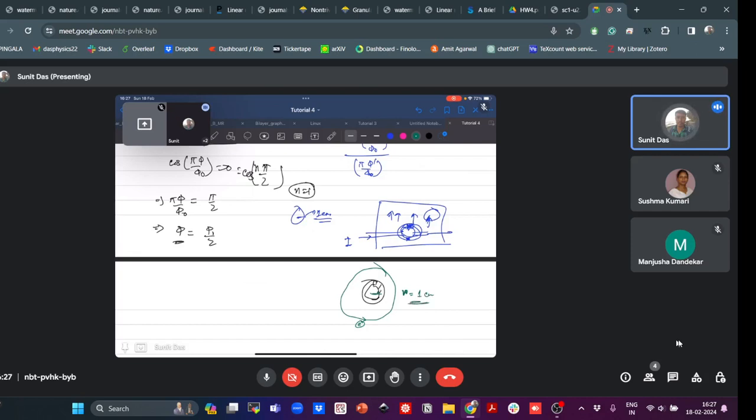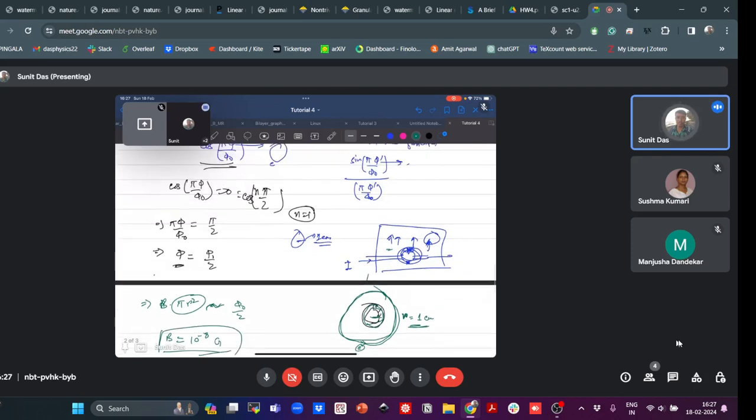From that we can get an estimate of the magnetic field present in the area. Area will be of the order of pi r square, because this is pi r square area, right? But we are talking about this whole circular loop. So it will be of the order of phi 0 by 2. If we calculate this, it will be around 10 to the power minus 8 Gauss.